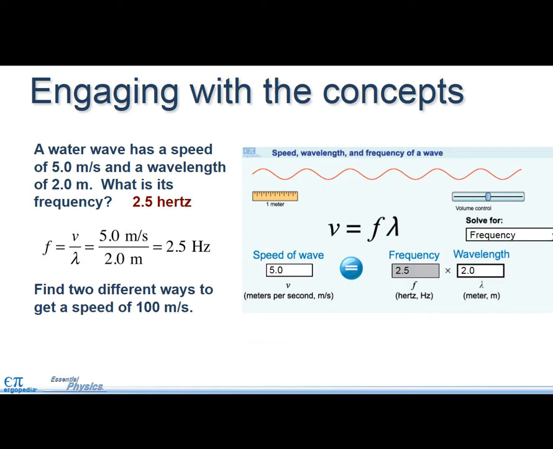So in other words, you can pick any frequency and then just pick a different wavelength in such a way that they equal 100 meters per second. So for example, if I gave you a frequency of 2.5 hertz, we could figure out what to multiply that by to get 100.